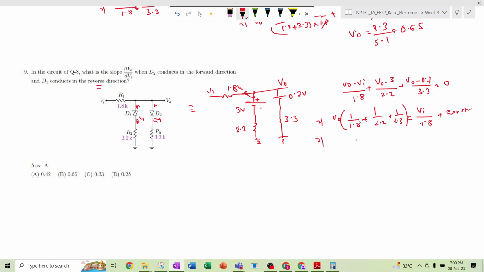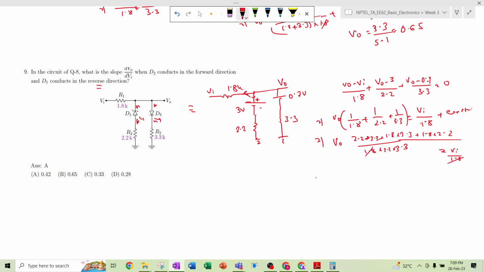So VO times (2.2 into 3.3 plus 1.8 into 3.3 plus 1.8 into 2.2) equals VI divided by 1.8.